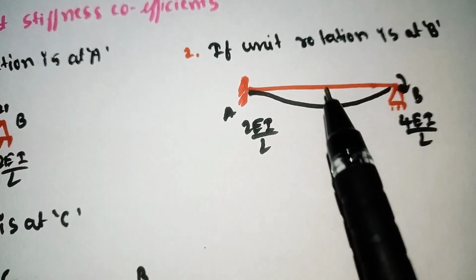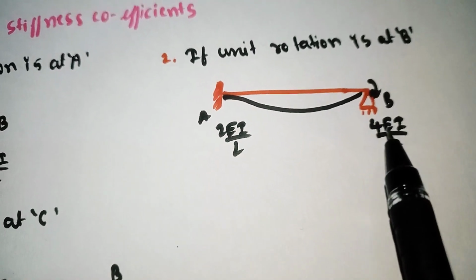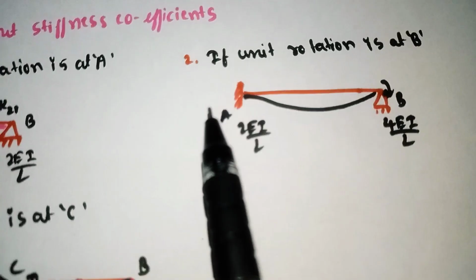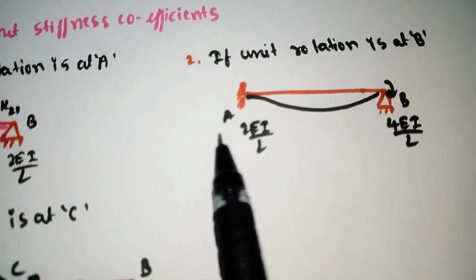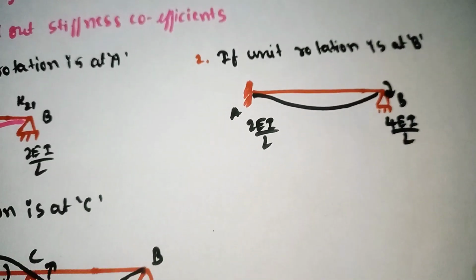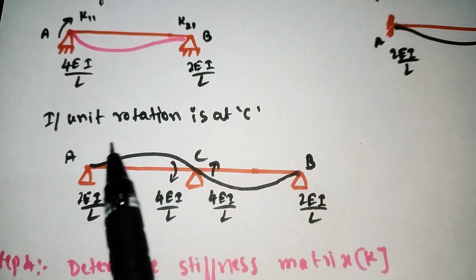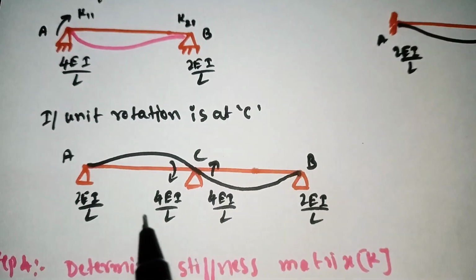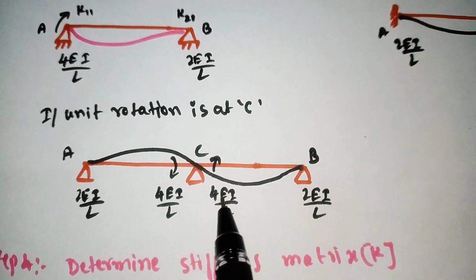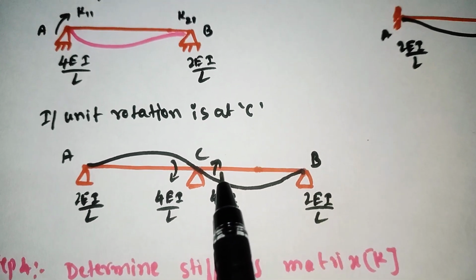When we apply the unit rotation at point B, the force developed at this point is 4I divided by L, and the force carried over to the far end is half of this. Half of 4I divided by L is nothing but 2I divided by L. Similarly, if we apply the unit rotation at point C, the force at point C is 4I divided by L, and here also 4I divided by L. Here also clockwise, here also clockwise.